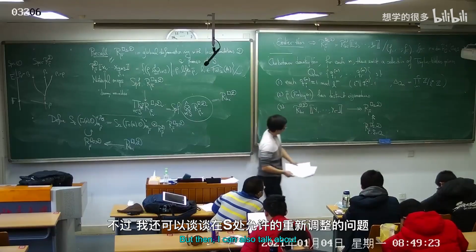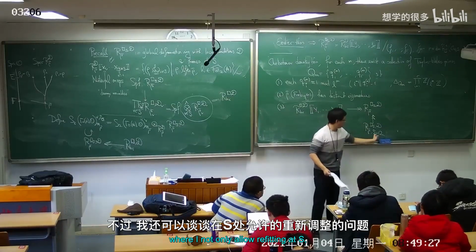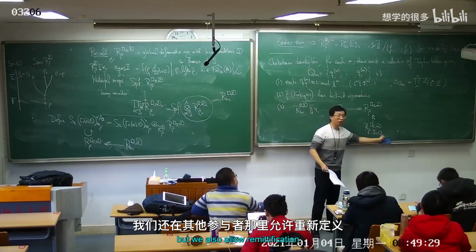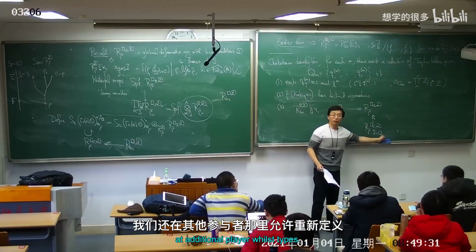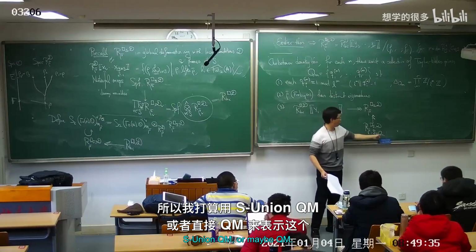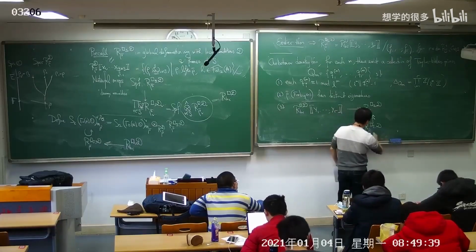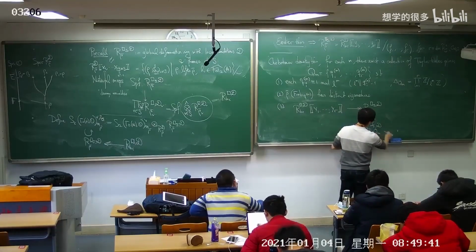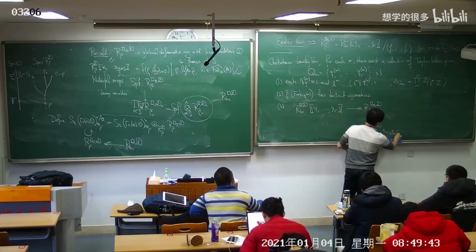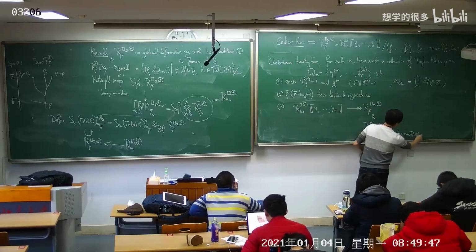But then I can also talk about deformation where I not only allow ramification at S, but we also allow ramification at additional Taylor-Wiles primes. So I'm going to denote that by S union QM. This is allowing ramification at QM.